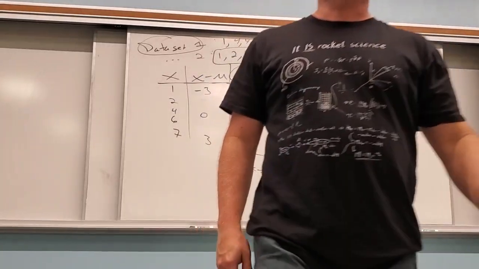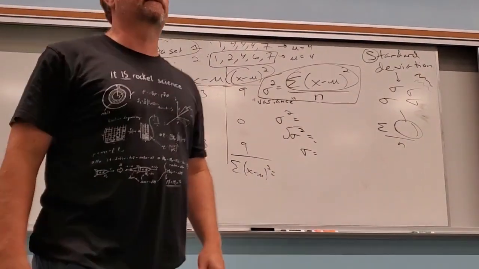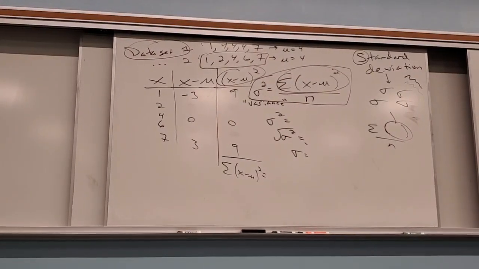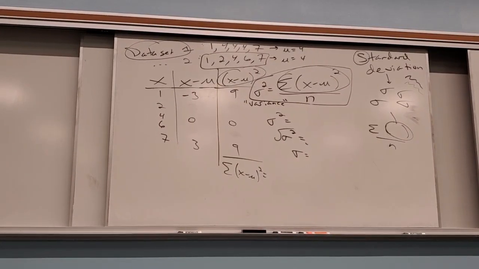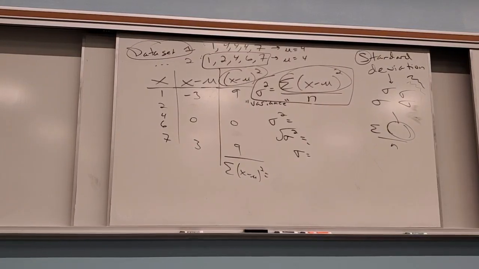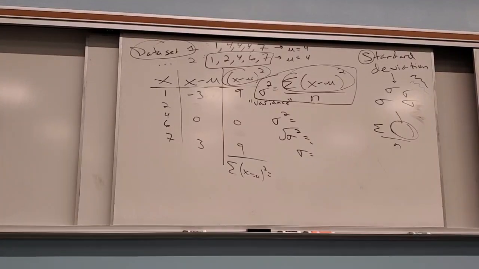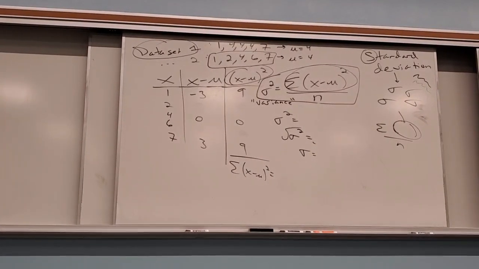So you said that formula is for the population or the sample, right? Add up those. Aren't the X minus mean scores there? Isn't that what that list is?